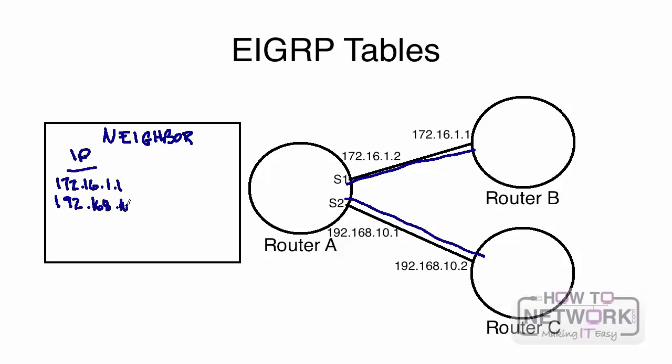So router A now has 2 neighbors, and they are both listed in its neighbor table. But there's also other information in the neighbor table as well. Router A also wants to know what interface these routers are off of. So router B is off of serial 1, router C is off of serial 2. So should I need to forward them traffic, I know exactly which interface they will be exiting.